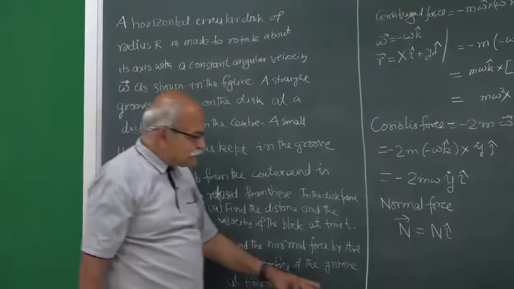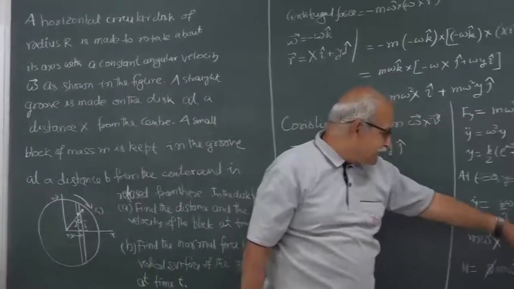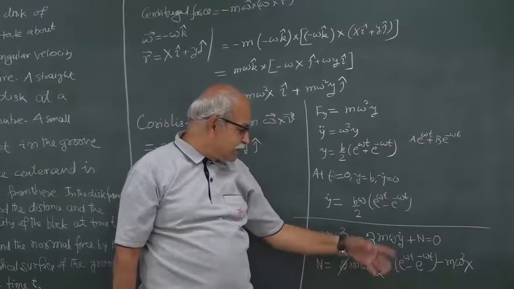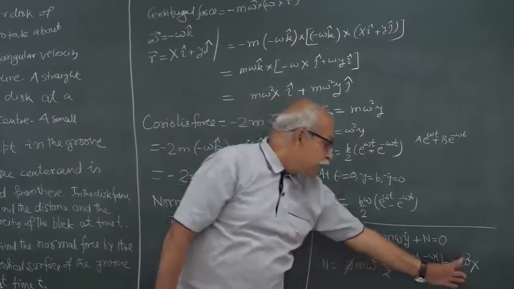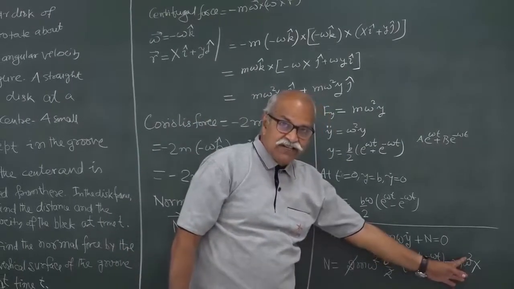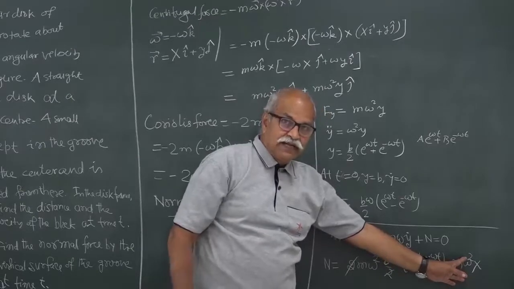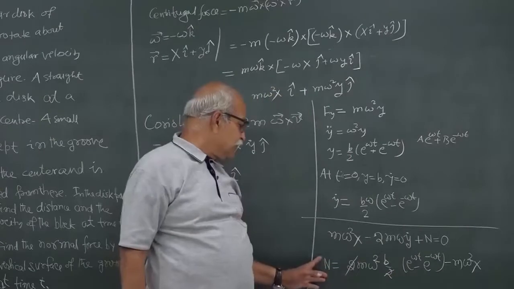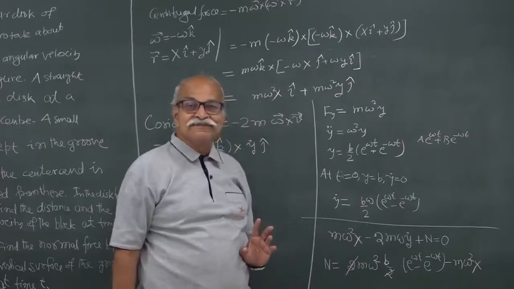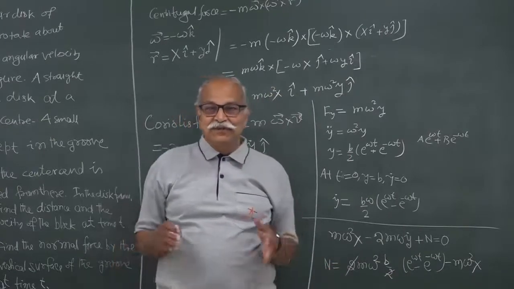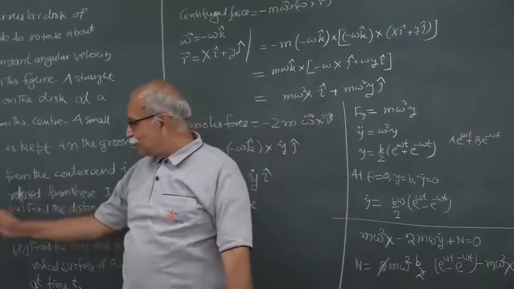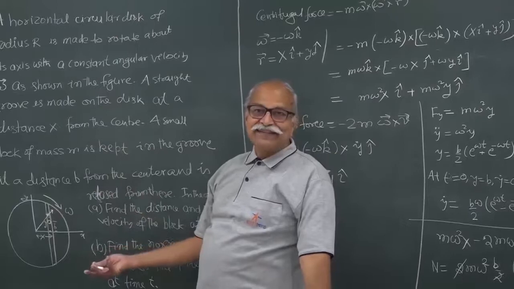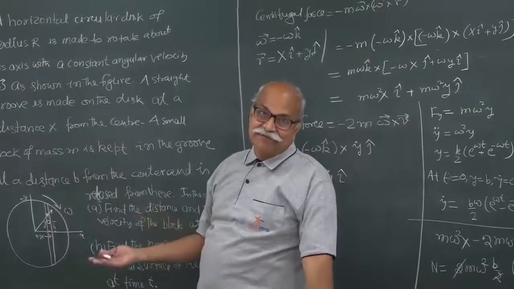But then this y dot is increasing. Initially it was 0, but then it is increasing, and it may become equal to this, in which case the normal force will be 0, and after that this will be further increasing, and this may become positive. So, that means to start with, you have this outer wall which is pushing it more than the inner wall, and things can reverse after some time.